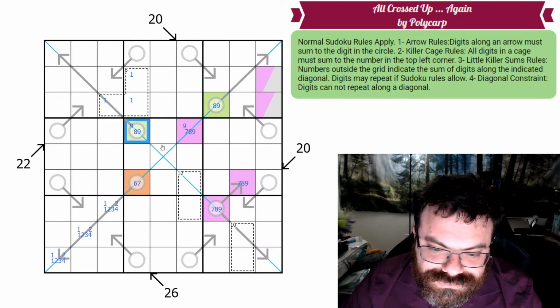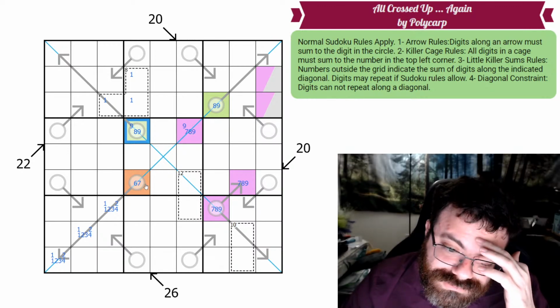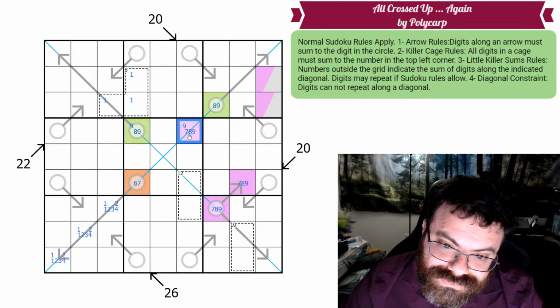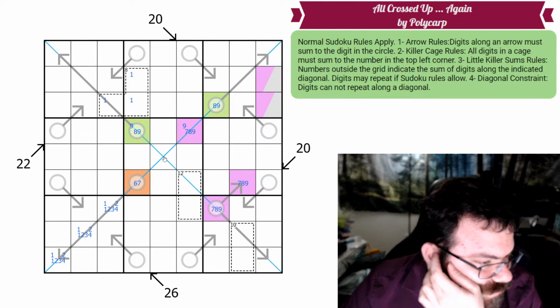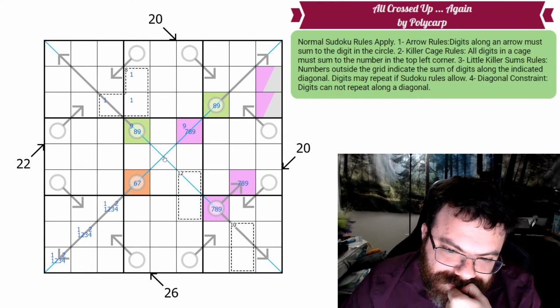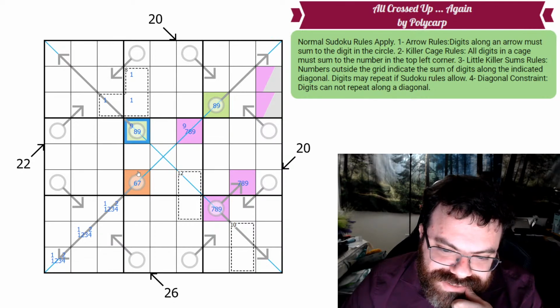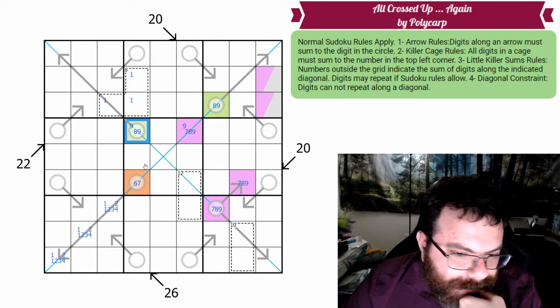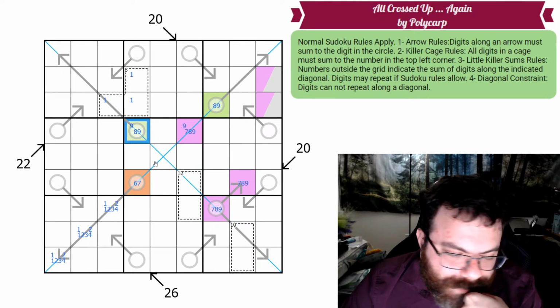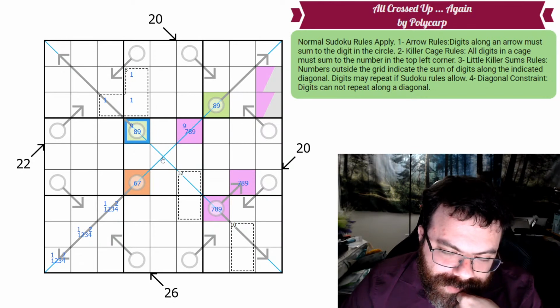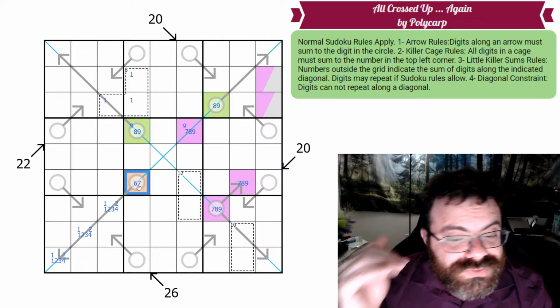If green is 9, I'm not sure what green being 9 does. Not as clear. Green being 9 means this can be 6 or 7.